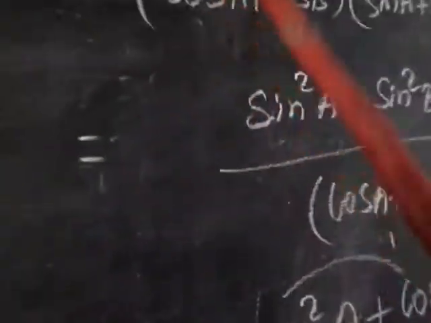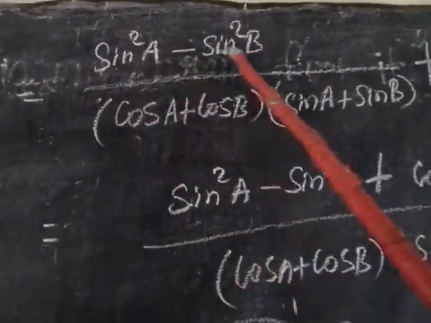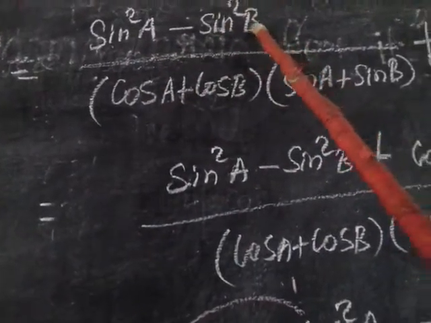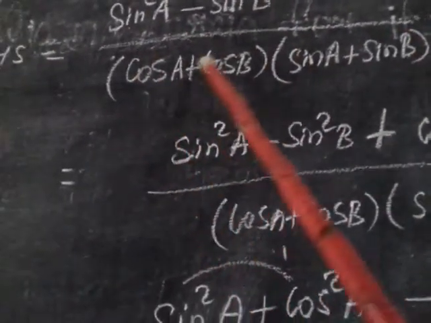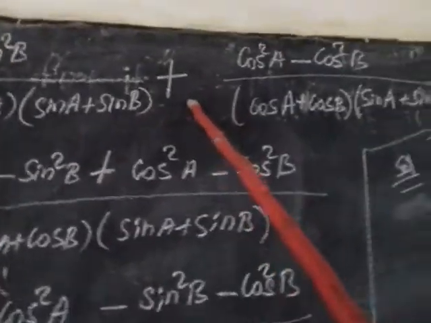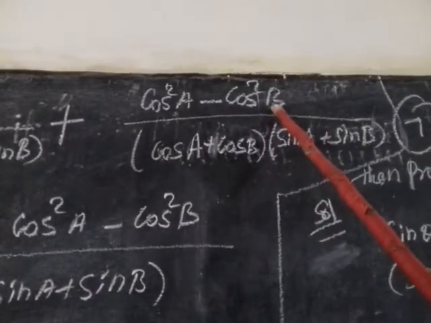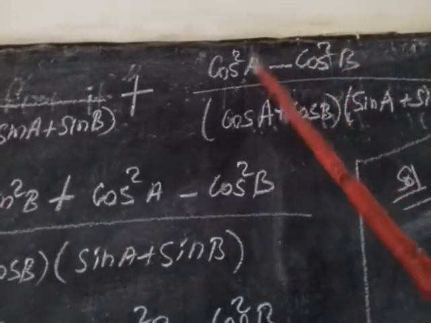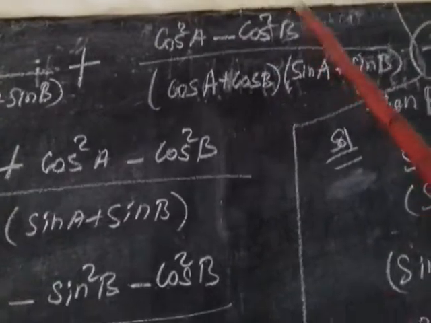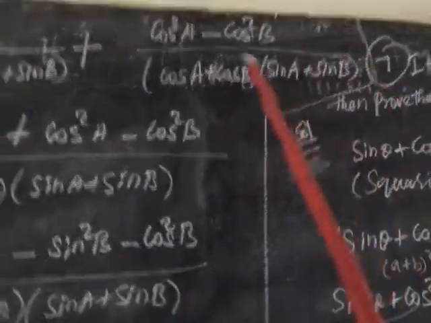Next step: (sin squared A minus sin squared B) divided by (cos A plus cos B)(sin A plus sin B), plus (cos squared A minus cos squared B) divided by (cos A plus cos B)(sin A plus sin B).